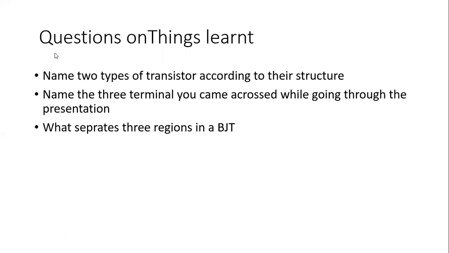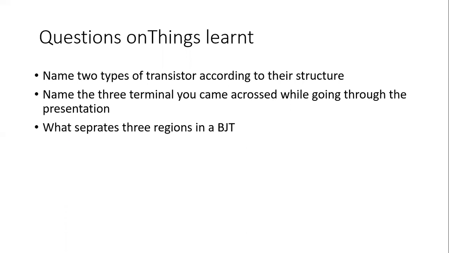After dealing with these 3-4 slides, what are the things you have learned? The types of transistor according to the structure. They are NPN and PNP. The three terminals that you have come across are emitter terminal, collector terminal, and base terminal. What are the things that separate the PN junctions?